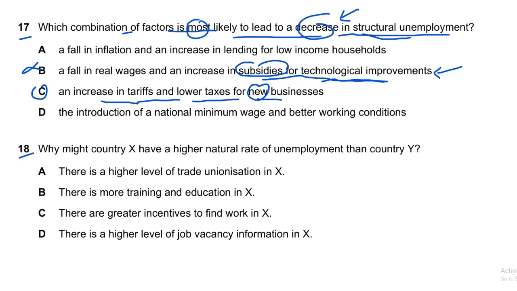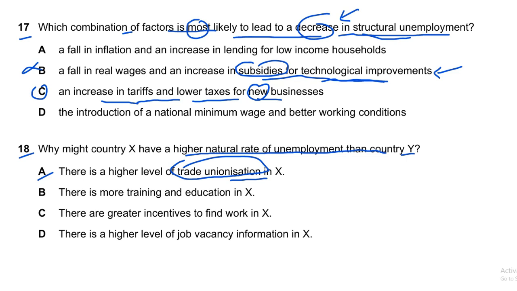Question number 18 says, why might country X have a higher natural rate of unemployment than country Y? There is a large level of trade unionization in country X. Trade unions are associations of workers, and they basically try to get higher wages for their workers.